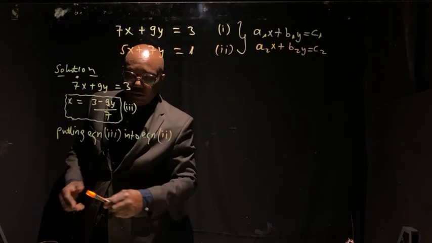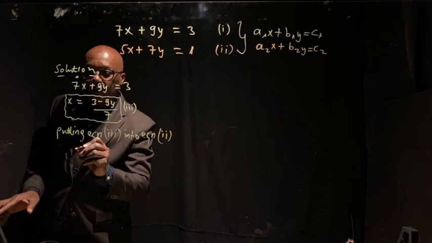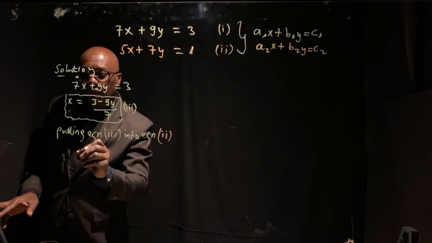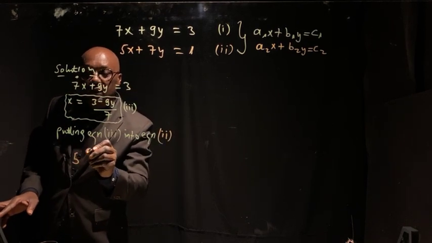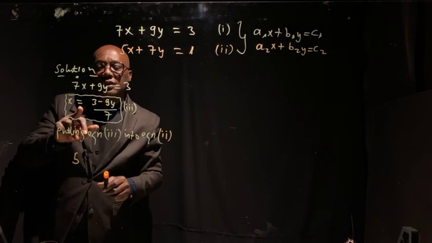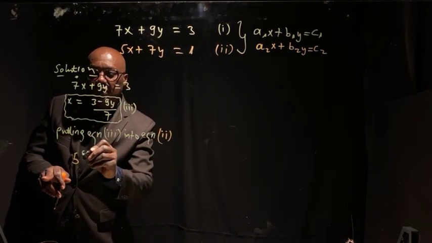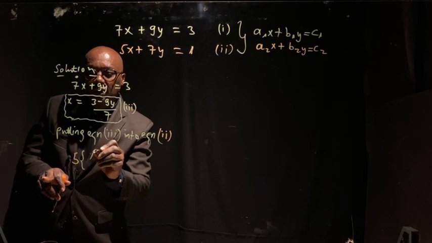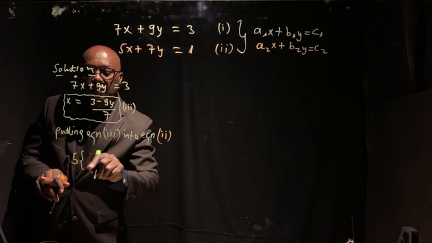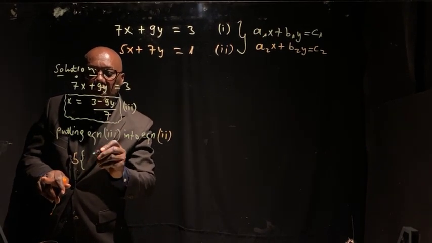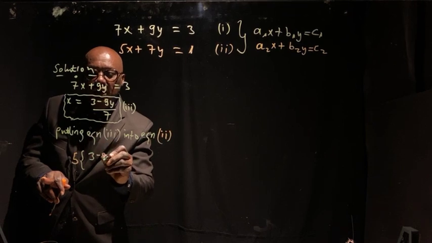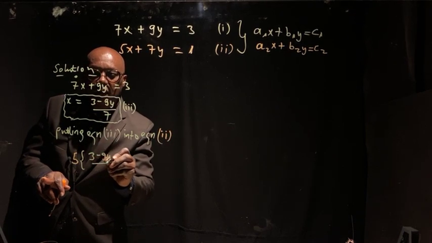will yield 5, that's equation 2, 5x. Instead of the x, what is x? x is this one. Instead of x, you put 3 minus 9y over 7.